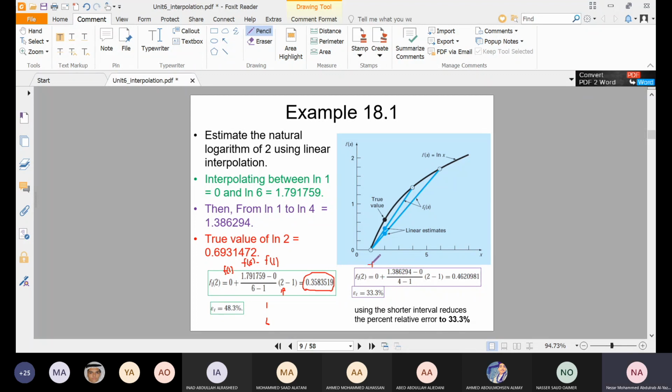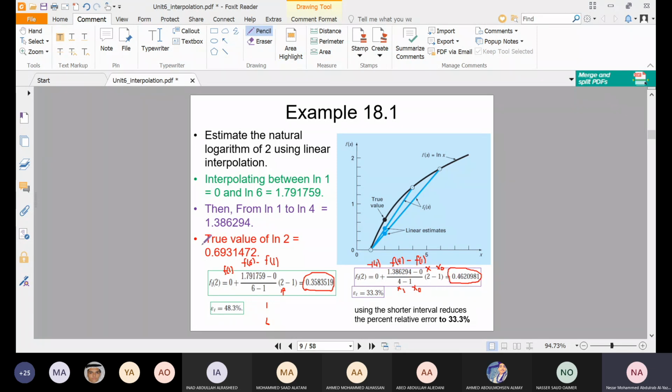Here the function at x1 equal 4 minus the function at x0 equal 1. Here x1 is equal to 4 and x0 is equal to 1. This is the value of x, and this is the value of x0. So in this case, I will get this estimation of ln 2.